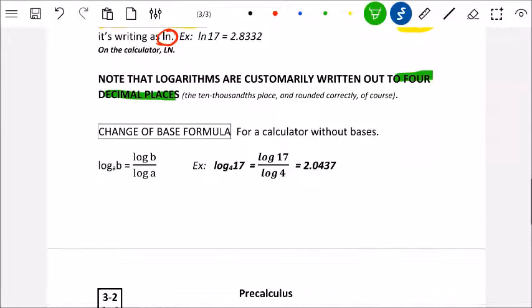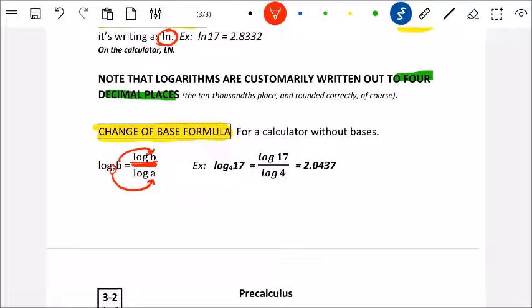Okay. This is the thing you use if you have a calculator that doesn't allow you to put a base number on the bottom. Notice this, that log base A of B is log B over log A. So it's sort of like this gets a log and this gets its own log. So they both get a logarithm, and that means they're both log 10s.